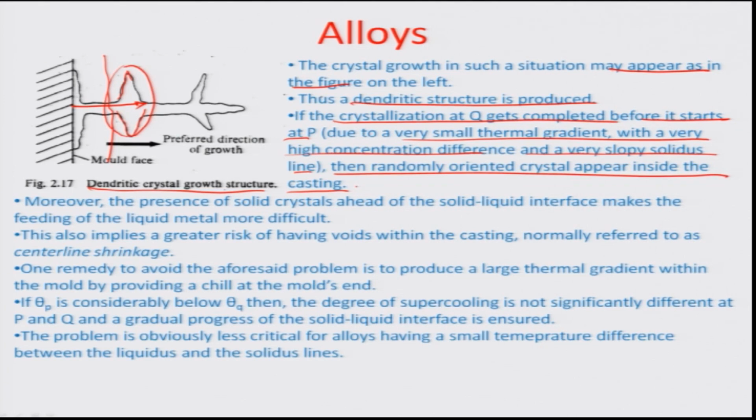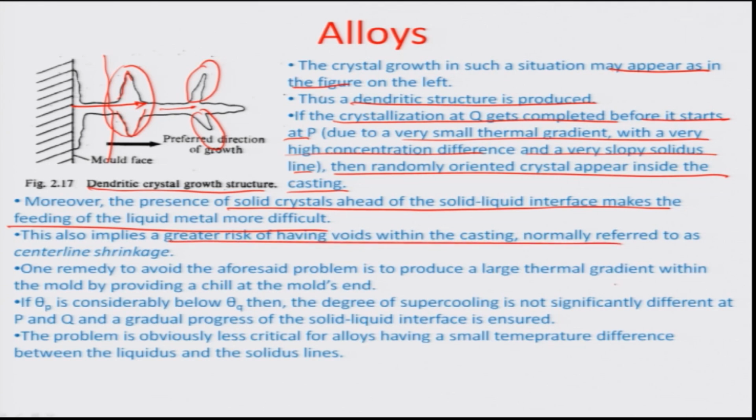And because of these randomly oriented crystals, you may not have a single directional or unidirectional growth anymore, and the presence of these solid crystals ahead of the solid liquid interface makes life more difficult, because now beyond the point where you are estimating the solid to happen, the solid is actually getting formed. Okay. So, therefore, feeding the liquid metal becomes more difficult because of such a solid liquid interface, and it also implies a greater risk of having voids within the casting, normally referred to as centerline shrinkage.